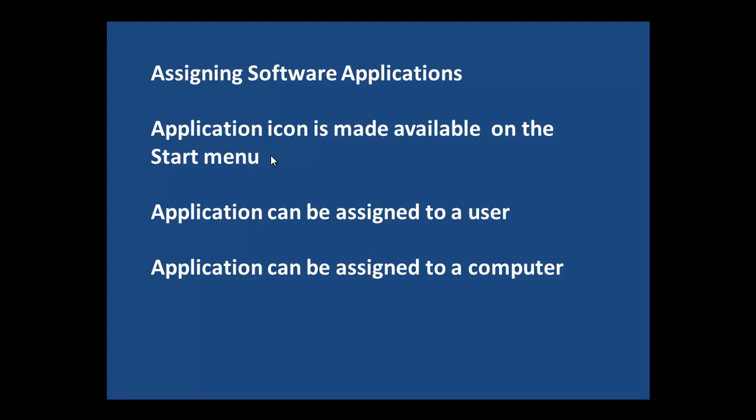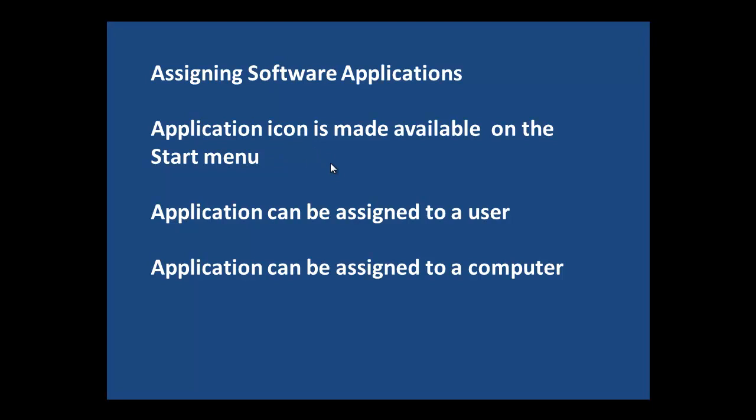So we have the application being assigned to the user. When the user logs on, the user will see the program icon and click on it, and the application will be installed. What about if the application is assigned to the computer?